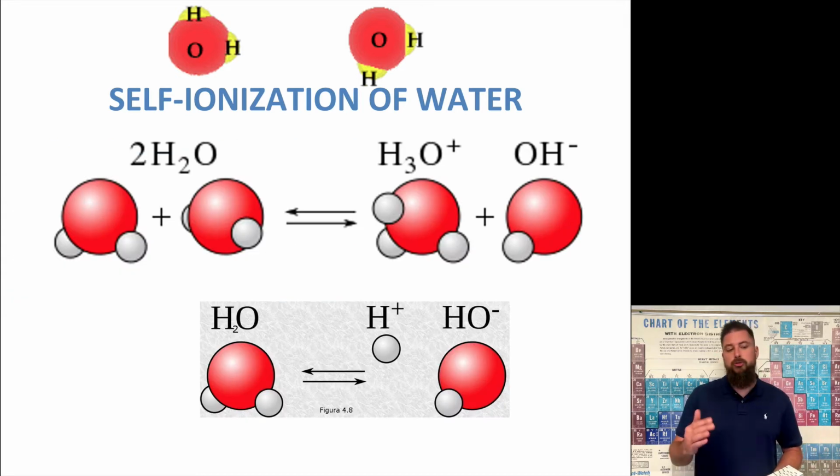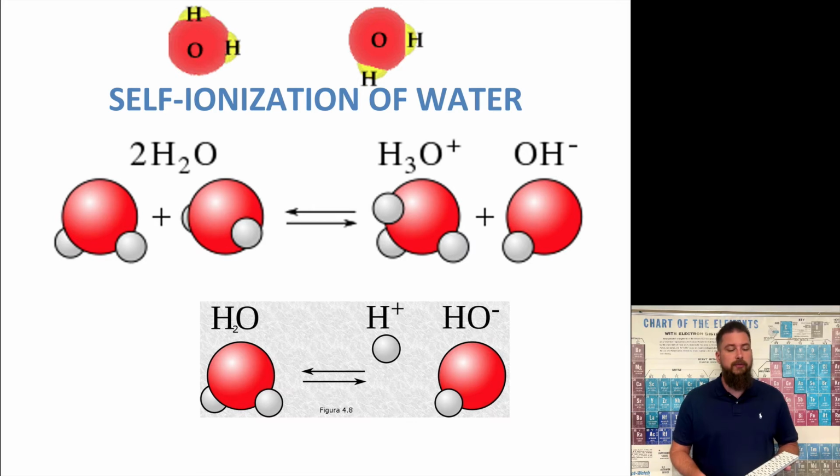Here are two representations of what that looks like. The top one is the one that I'm going to focus on here. Notice it's two water molecules interacting with each other to produce an H3O plus and an OH minus. Essentially, the hydrogen of one of the water molecules will transfer to the other water molecule, and so you end up with a hydronium ion and a hydroxide ion.